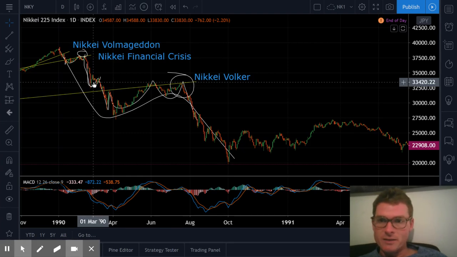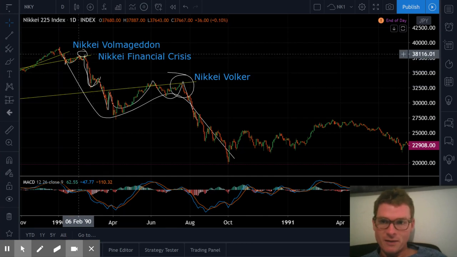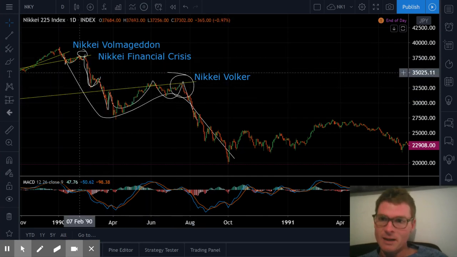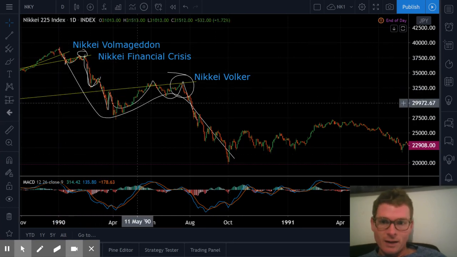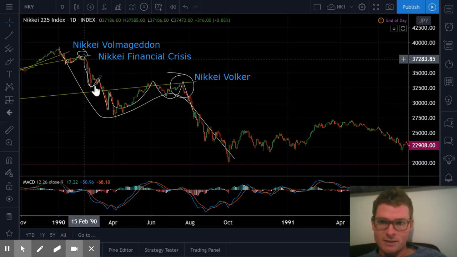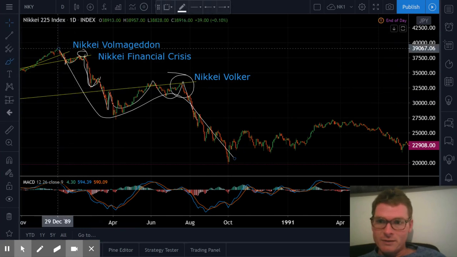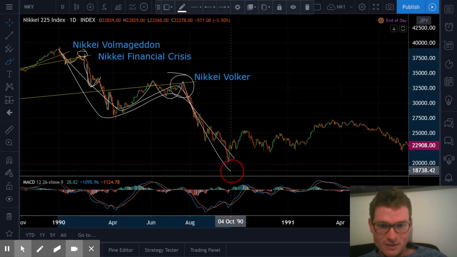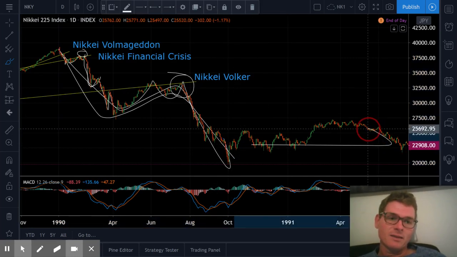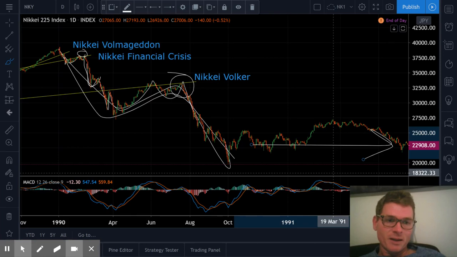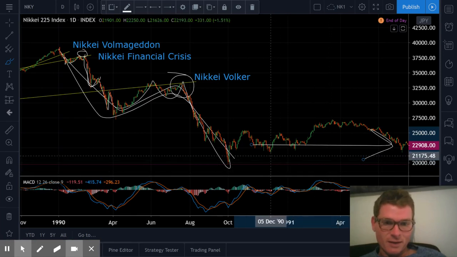They're the pioneers of quantitative easing. They were doing quantitative easing and intervention the whole time during this whole bubble crash and unwind, and it didn't do anything to change the shape of this lightning bolt ABC wave to unwind the top of the bubble. But maybe the quantitative easing did drag the bear market out for 20 years instead of doing it in like 2 years.